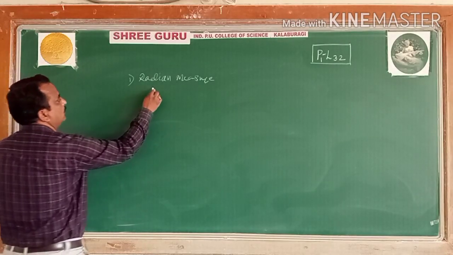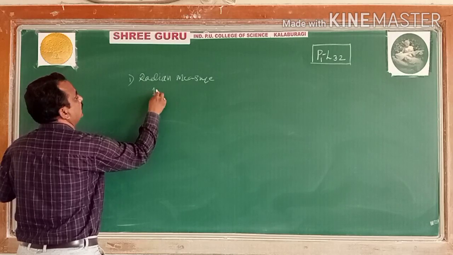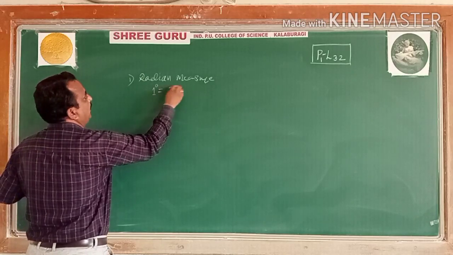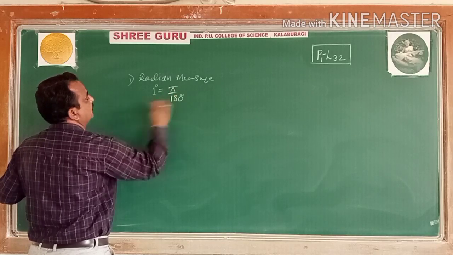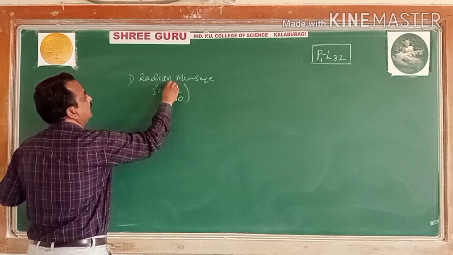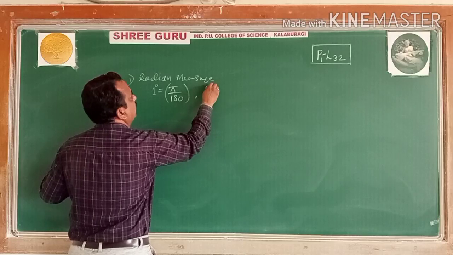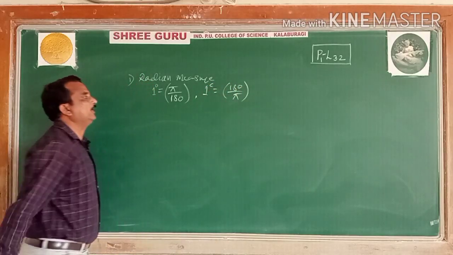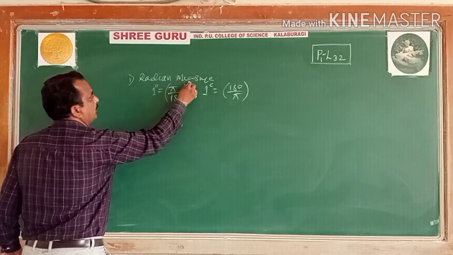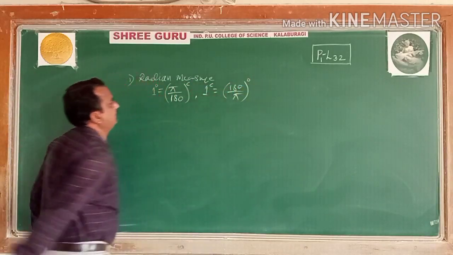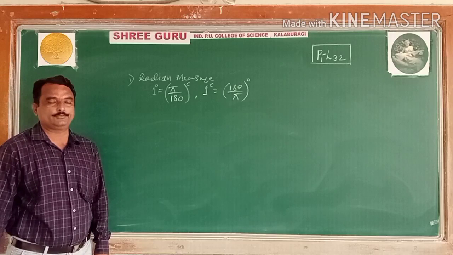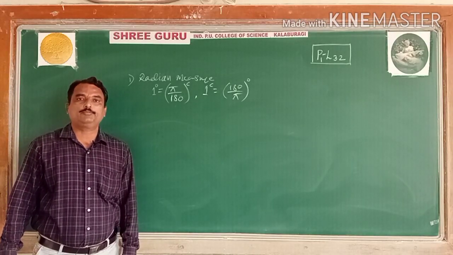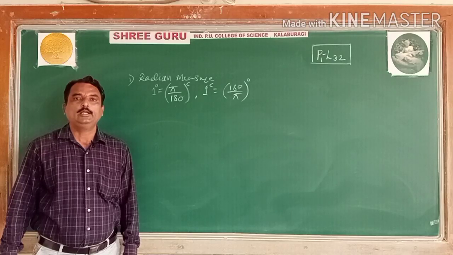You know very well, to convert any degree in terms of radian, multiply by pi by 180, and to convert radian to degree, multiply the given angle by 180 by pi. On that we have calculated the examples.